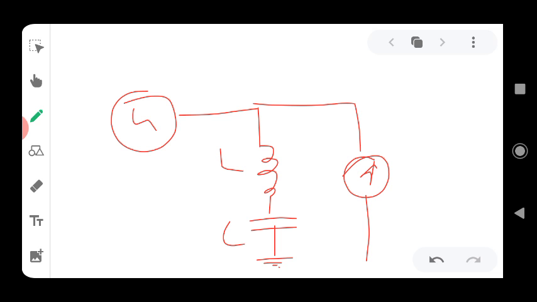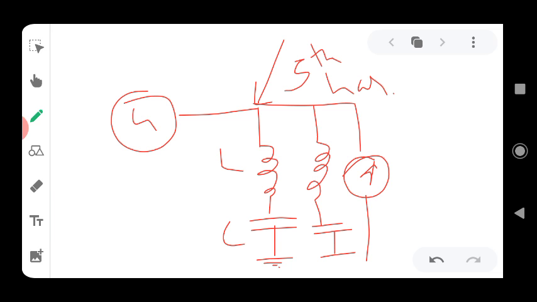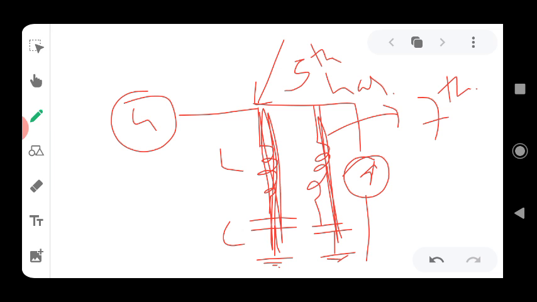If you want to have it for seventh harmonics, connect one more filter here for seventh harmonics. So this will become a short circuit for seventh harmonics, and this will become a short circuit for fifth harmonics, so that you can get the peak here.